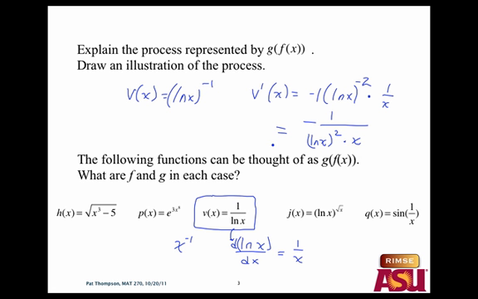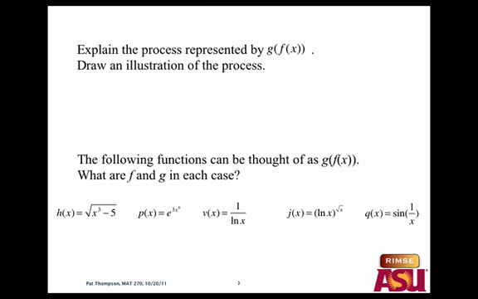Okay, one more is q. Again, we look at the overall structure, which is sine. Sine function is the overall structure of that. So we're going to start with taking the rate of change function of sine, leaving the interior function as it is.